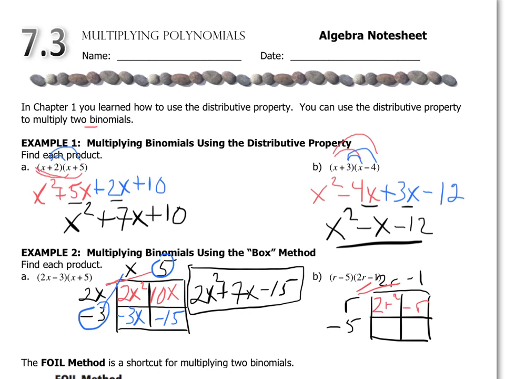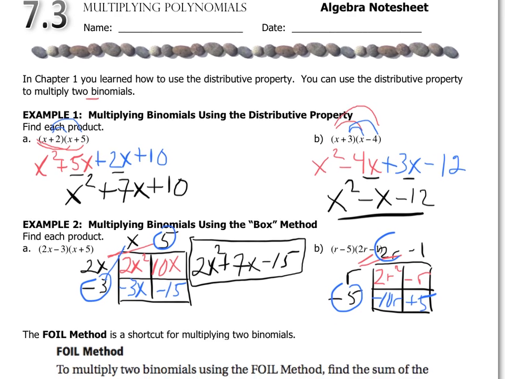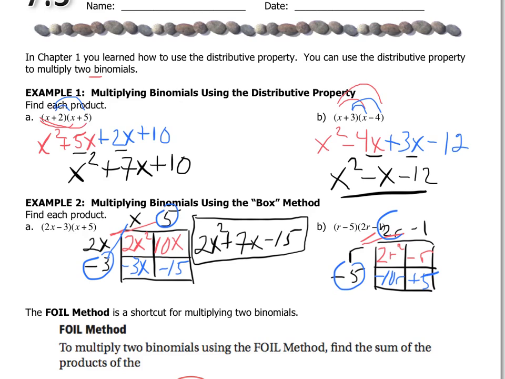The lower left-hand corner is going to be -5 times the 2r to give -10r. And then the lower right-hand corner is the -5 times the -1, which is going to give me a 5. And then again, once we have that part figured out, we can just piece together the boxes and combine any of the like terms. We would have 2r squared, negative 10r in the lower left, minus 1r is negative 11r, and then we have a plus 5. So that would be your answer using the box method.